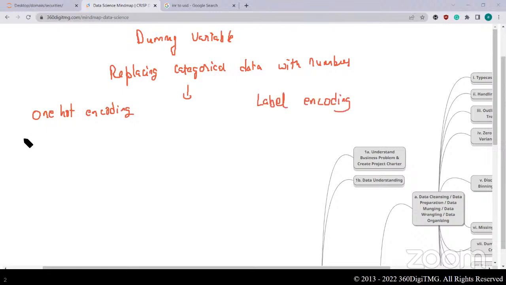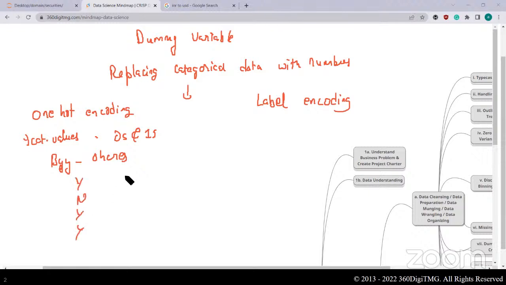So in one-hot encoding, categorical values are replaced by zeros and ones. Okay. So for example, you have some value, bought shares, and the possible answers here are yes, no, yes, yes, like that.